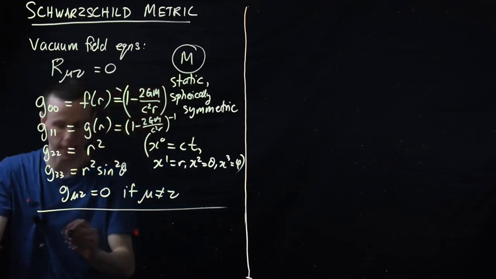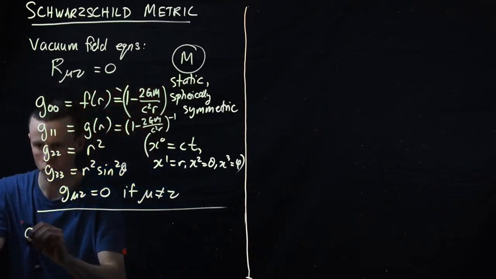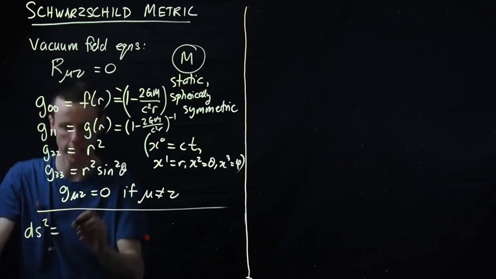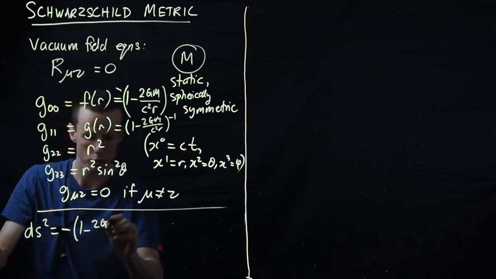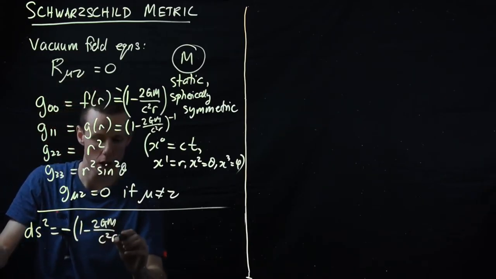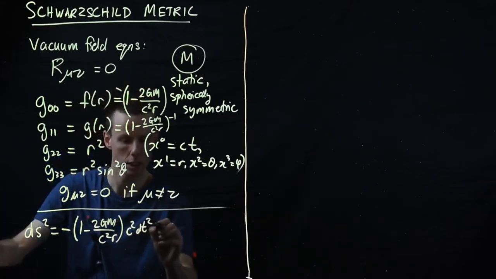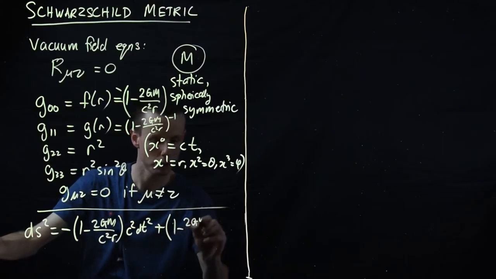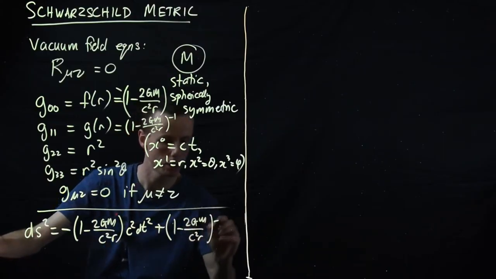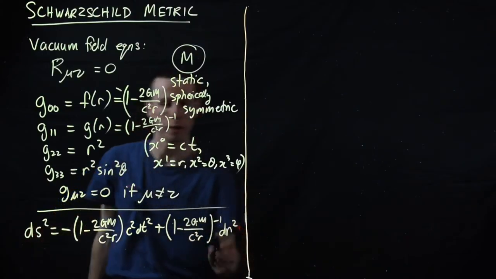So usually what we write is ds² is equal to minus (1 - 2GM/(c²r)) times dx⁰², which is c² dt², plus (1 - 2GM/(c²r))⁻¹ dr².